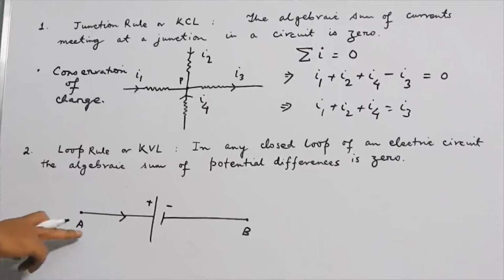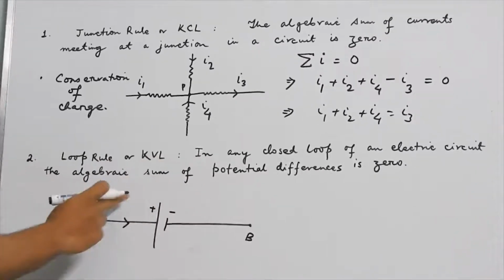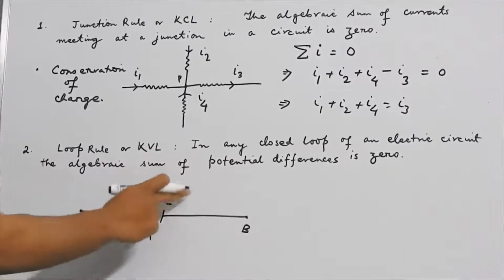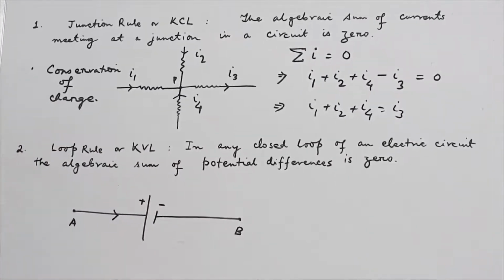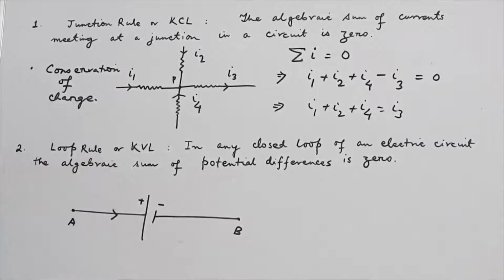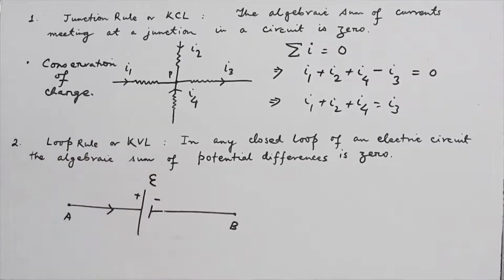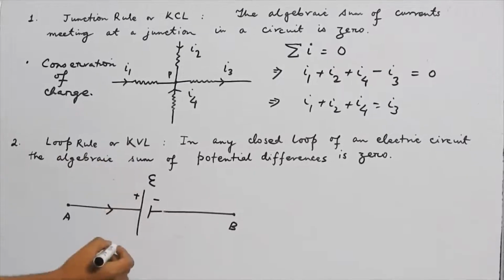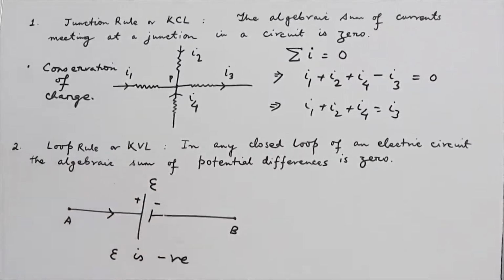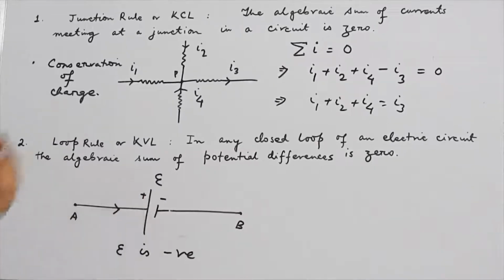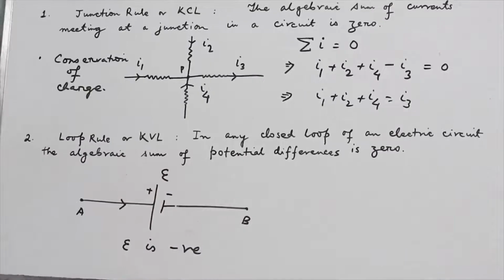That means if we are moving along the direction A to B, we are obviously moving from the positive terminal to the negative terminal, which means there is a potential drop. That means the potential is decreasing. In this case, the EMF epsilon of the battery is to be taken as negative, because the potential is decreasing when we are moving from the positive to the negative terminal.